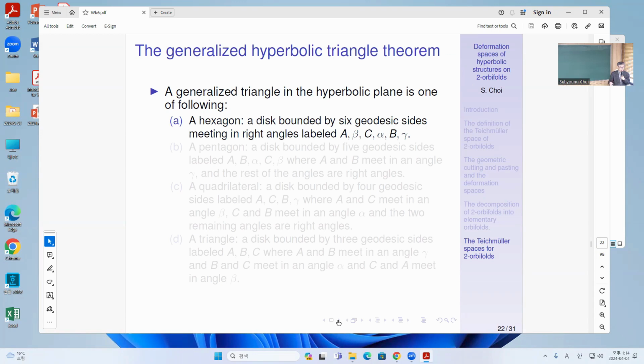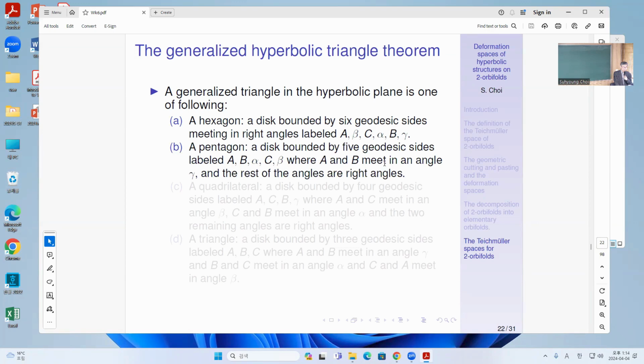You label the hexagon with the perpendicular angles in the hyperbolic plane, and it will be labeled A, beta, C, alpha, B, gamma. So alpha is opposite A, beta is opposite B, and gamma is opposite C. So these are the six sides of the hexagon labeled like this.